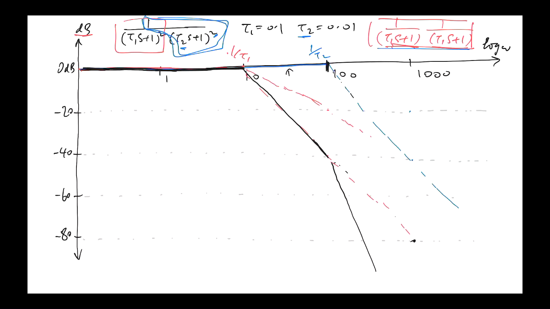Now, what do we know about the phase of components of a transfer function like this? Well, we know that their phase is about 0 up to a decade below 1 on the time constant. So if we were looking at the phase plot, it would be 0 up to here. And by 10, each of these will go down by pi on 4.